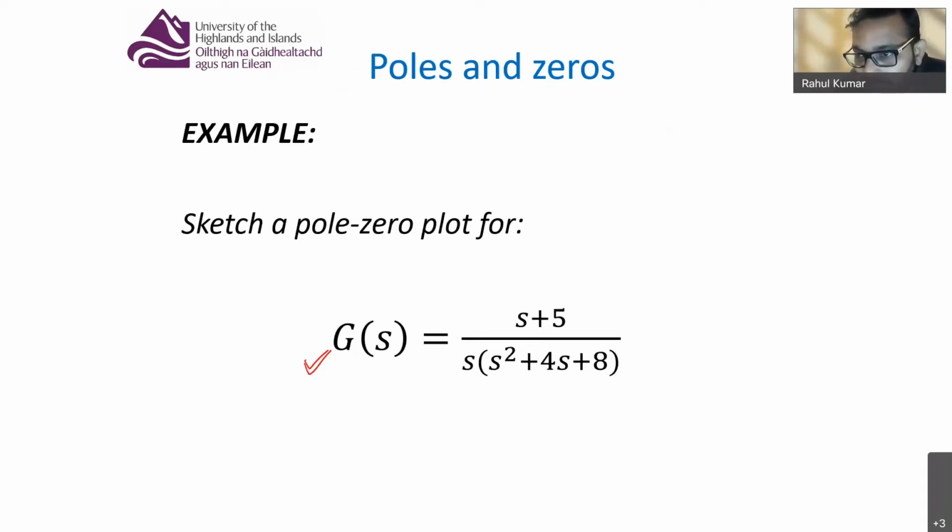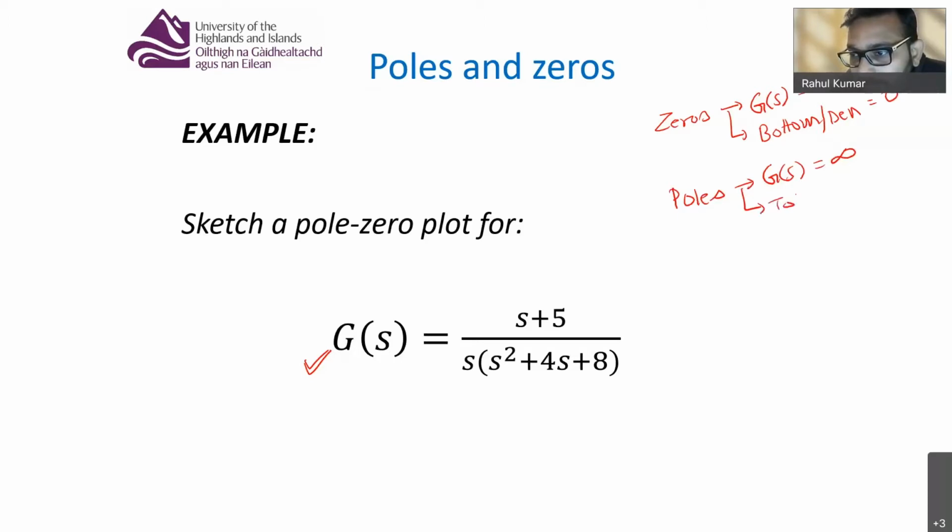Okay, so again I will write: zeros are those values of s which make my transfer function equal to 0, so we equate the top line, or numerator, equal to 0, and poles make my transfer function infinite, that is we equate the bottom line, or denominator, equal to 0. Okay, so this is the information we have.